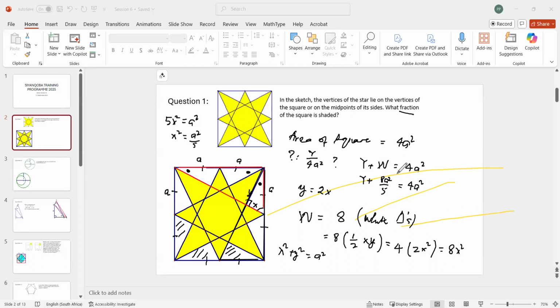All right, so you see that y is 4a squared minus 8a squared over 5, and that is 20a squared minus 8a squared over 5, which is 12a squared over 5.